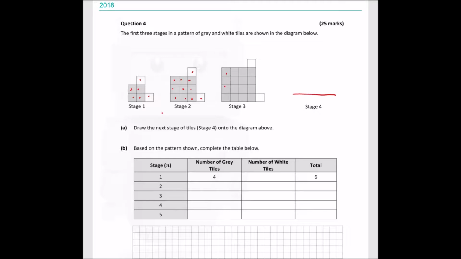So the next one will be, again, you should be doing this with a ruler. 1, 2, 3, 4, 5. Okay, so with a ruler that should be 25 grey ones, and then a white one up here, and a white one down here.